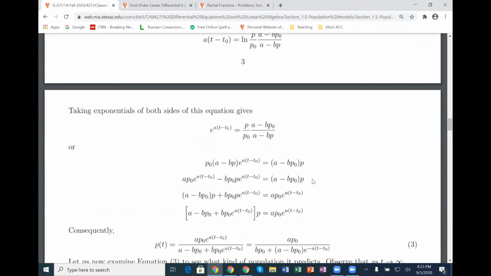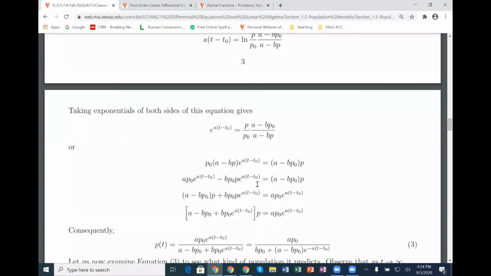So the reason is the following. We want to solve this for P. But P is here and P is here. We want to group P terms together. In order to do that, first let us get rid of these two fractions, moving the product of the denominators to the left. Done. Still we have P here and P here. What do we do next? Well, let us expand parentheses. Done.